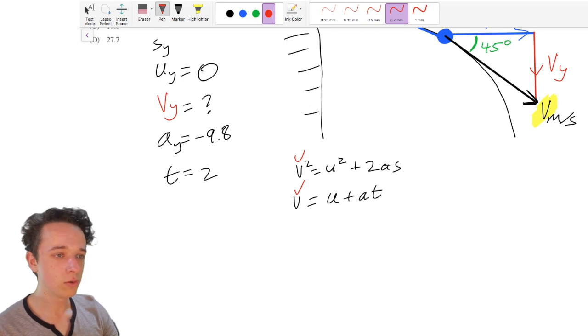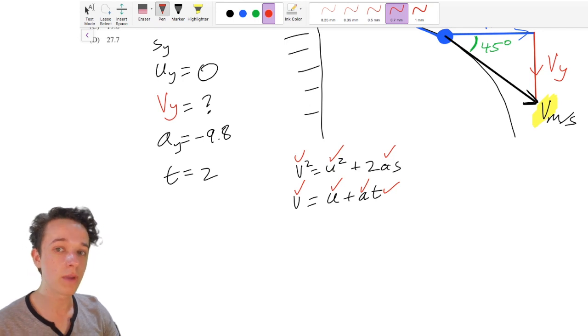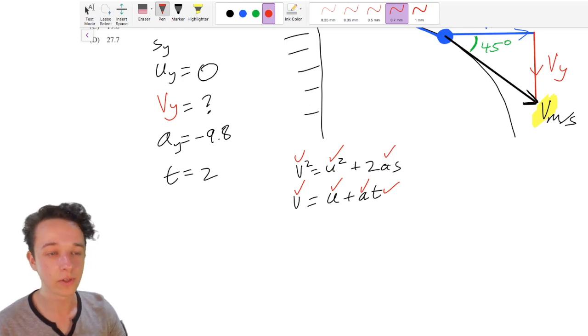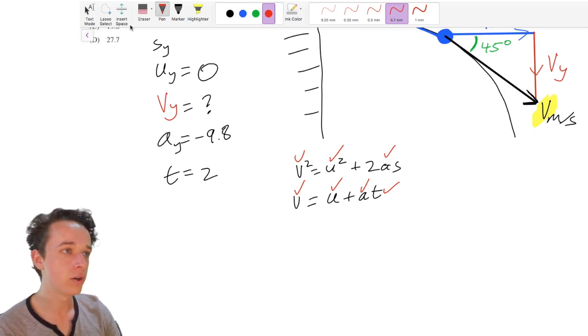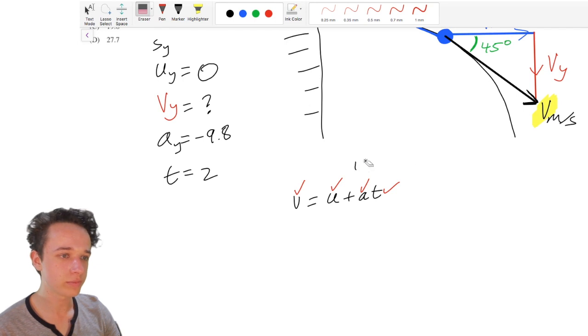Both remaining equations have a u, and both use an a. And we have a t. The first equation does not have a t, the second equation does. The only remaining variable that we haven't ticked in the first equation is s, and we do not have an s, so we need to remove this first equation.